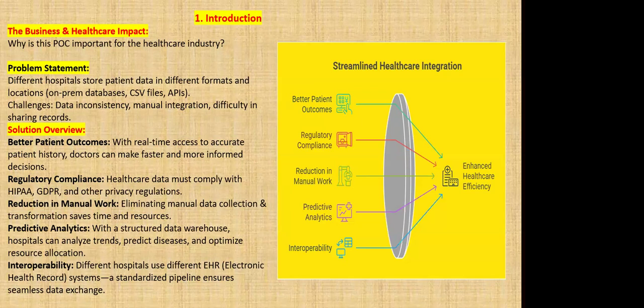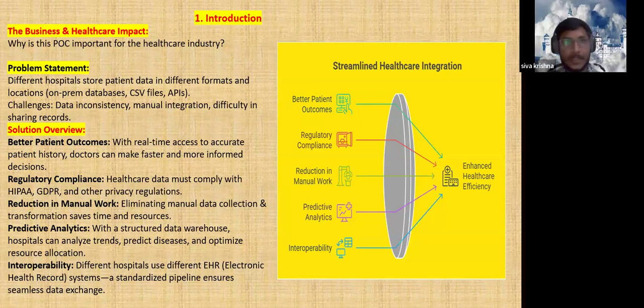Yes, thank you. So the introduction is about the business and healthcare impact. I'm considering healthcare. Why is this POC important for the healthcare industry? Basically, the problem nowadays is that many hospitals store patient data in different formats and in different locations, like on-premises databases, CSV files, flat files, APIs, and JSON format.